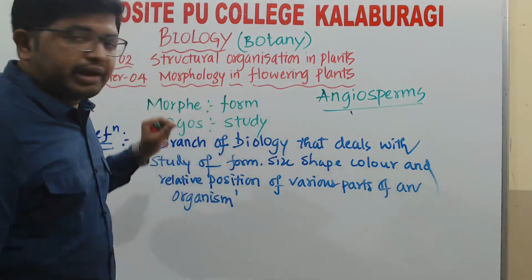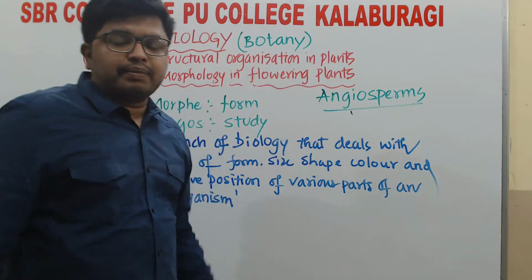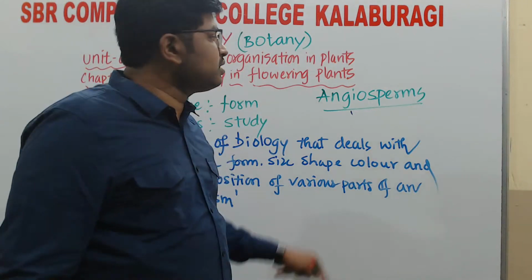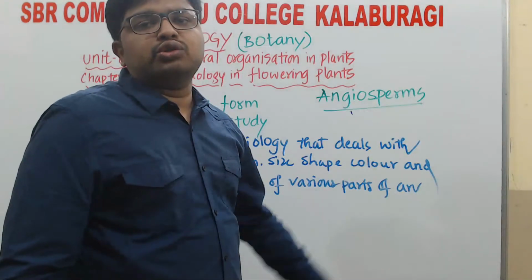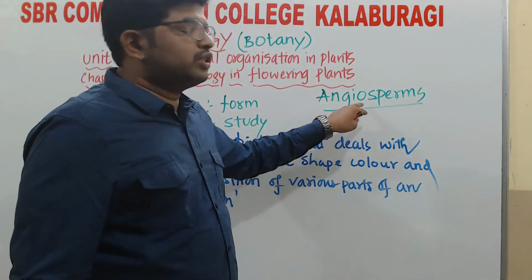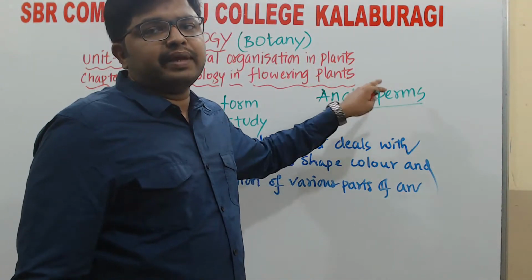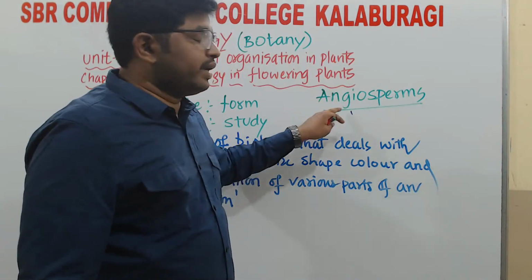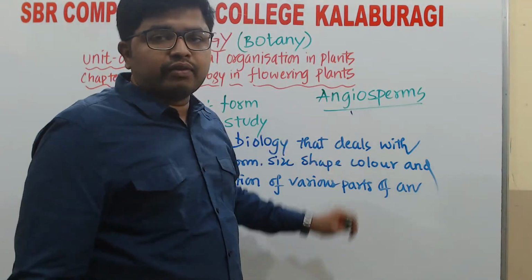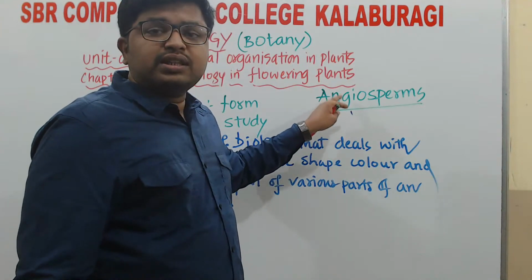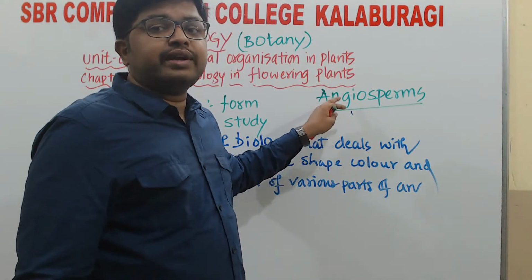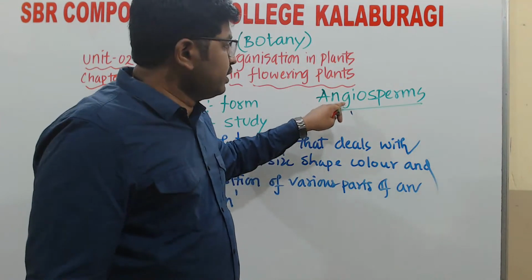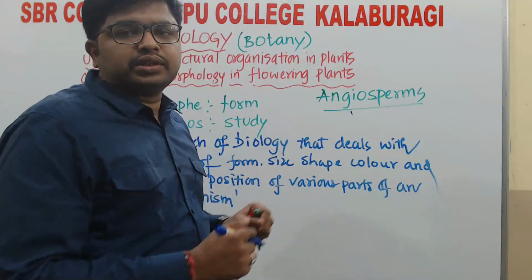So understanding the title, morphology in flowering plants, we are studying the external features of angiosperms. As I said, angiosperms are the flower bearing plants. They flower for reproduction. They carry out sexual reproduction with the help of the flowers, because these flowers are specialized structures that attract the pollinators. Okay, so remember this. This is the introduction, right?